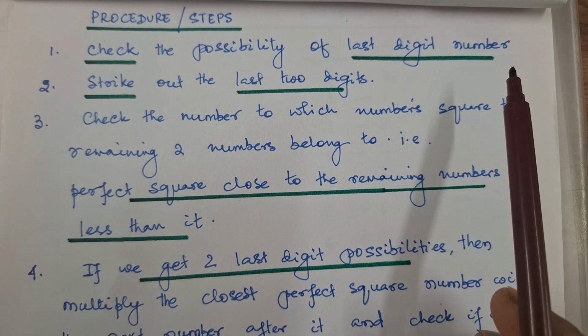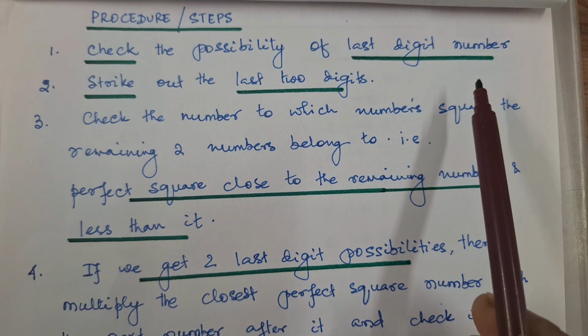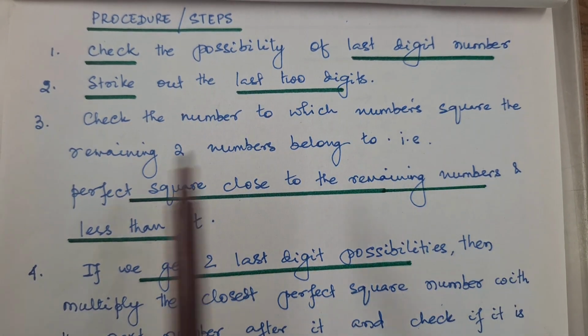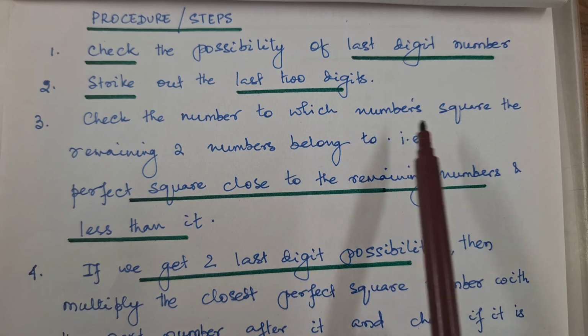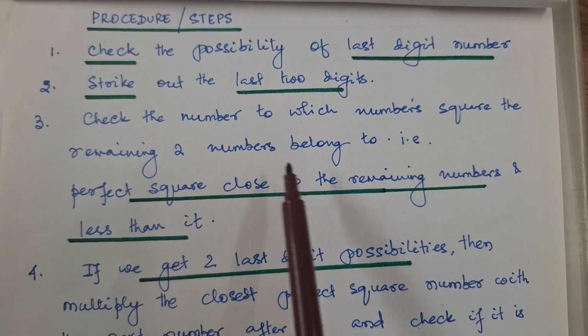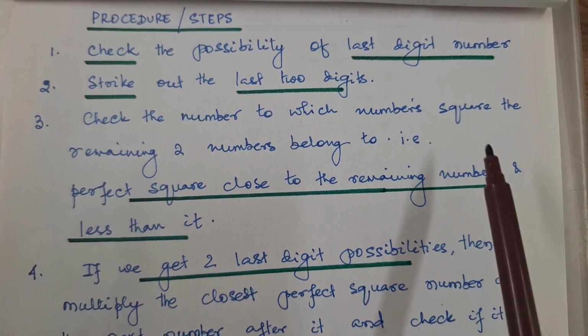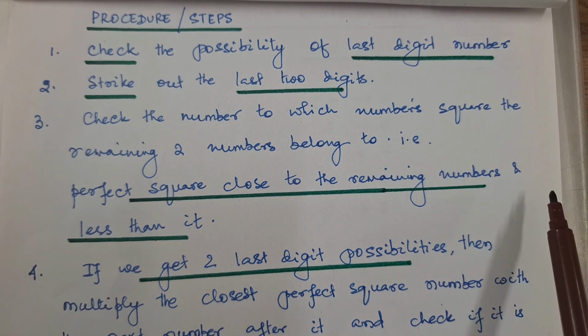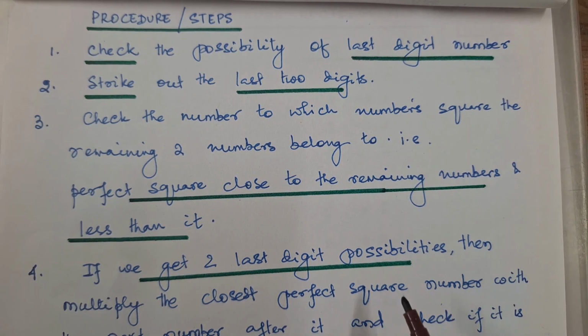So first check the last digit. Second, strike out the last 2 digits. Third, check which perfect square the remaining 2 or 3 digits belong to. The perfect square closest to the remaining number and less than it will be chosen.